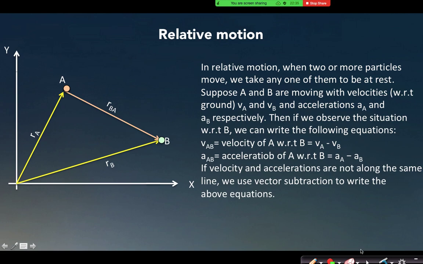If velocities or accelerations do not lie along the same line, we will use vector subtraction or vector addition. Right? That is a very common thing that we have discussed earlier. Now we will try to solve few numerical questions, and through those numerical questions we will learn more about relative motion.